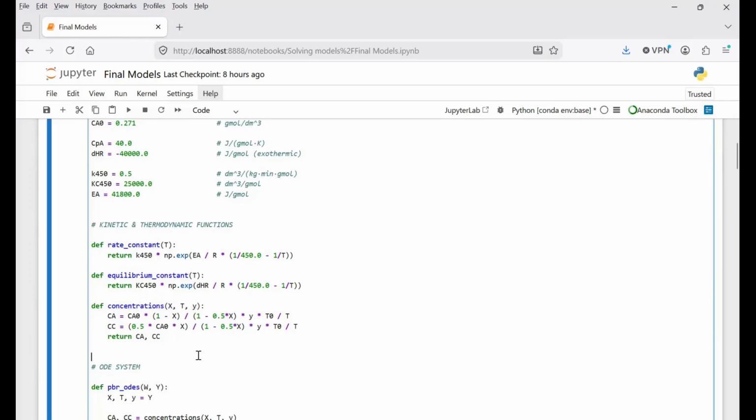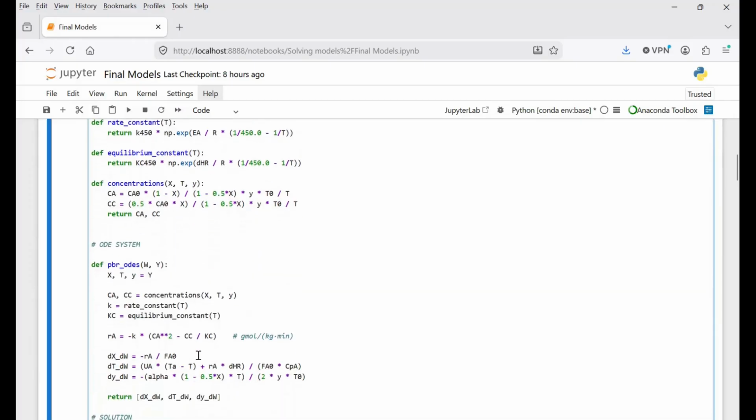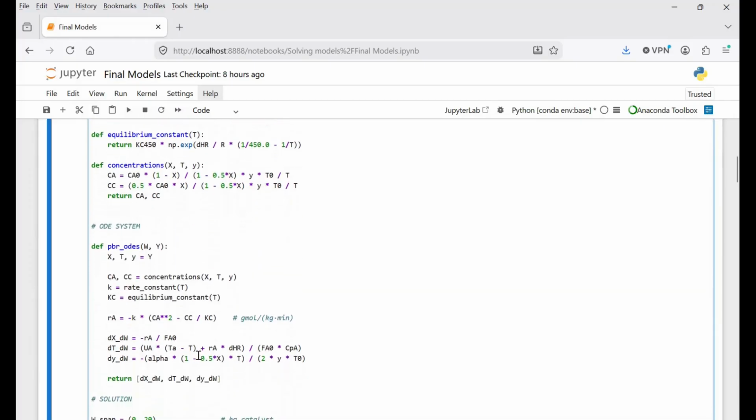Okay. Now the ODEs. So the ODE system, because the reaction rate, if you look at the derivatives, depends on the concentrations, first we need to evaluate the concentration by calling this concentration function, passing the argument.